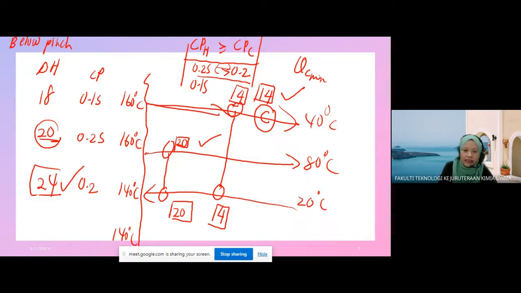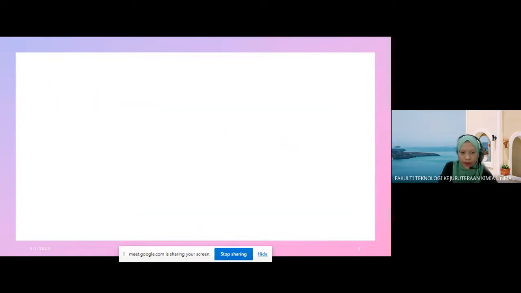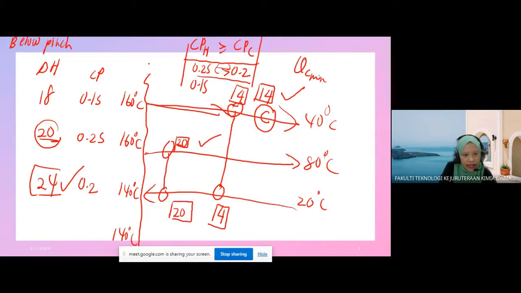And then once you have done, you need to combine the hot and cold stream in one page, and then you are done, right? Any question? That is quite simple, because you don't need any stream splitting, right? Any question?